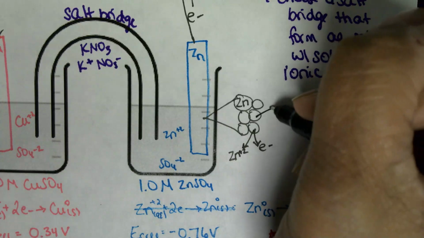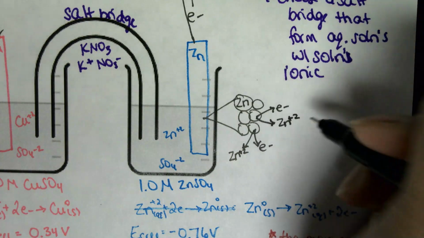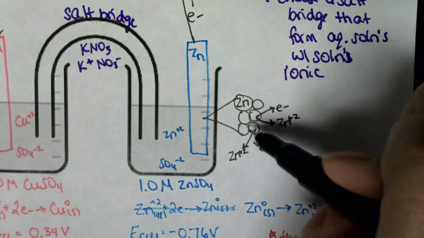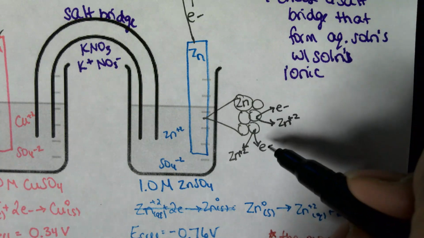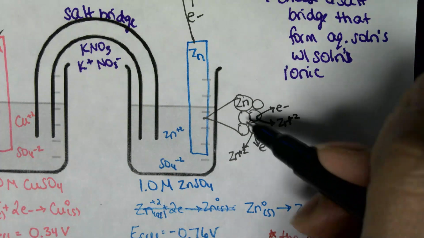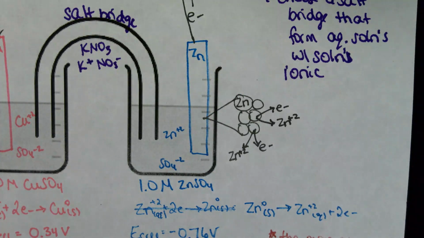So again, this is going to lose an electron and become a zinc ion in solution. So only atoms are going to be solid, ions are aqueous. So over time, if we let the cell run, we're going to lose mass on this side, for that electrode. All right, so those are the two things there.